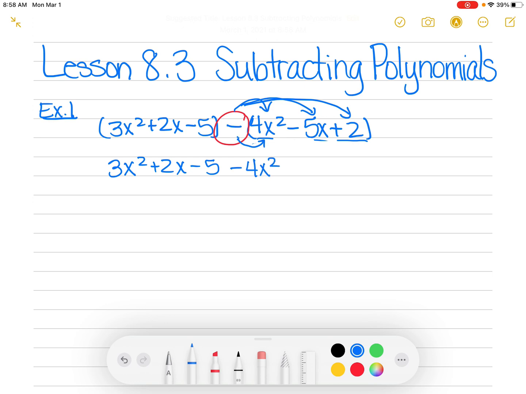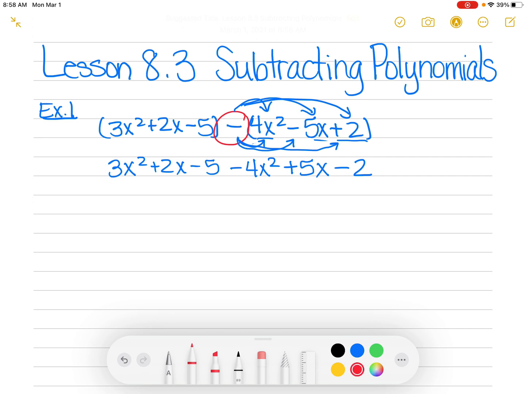And then when I have this minus sign and another minus sign, that's just doing the opposite. So instead of minusing, we're going to plus 5x. And then I have a minus sign and a plus sign, so that's going to change to a minus 2. Okay? So remember, all those minus signs, I'm just looking at them like they're negative signs.